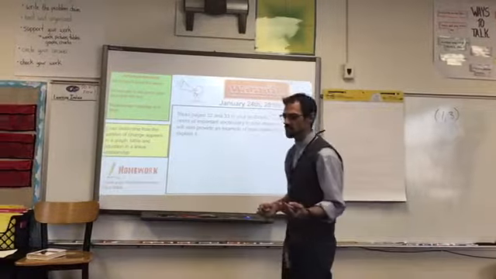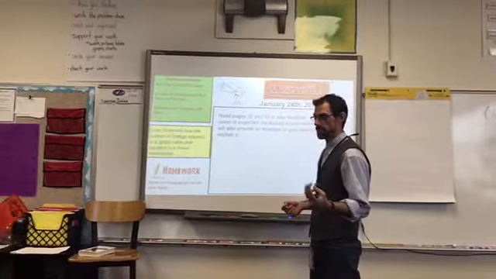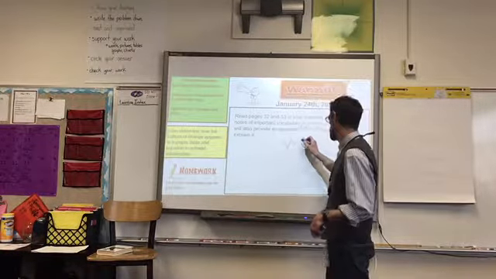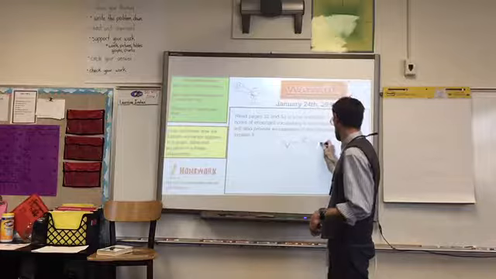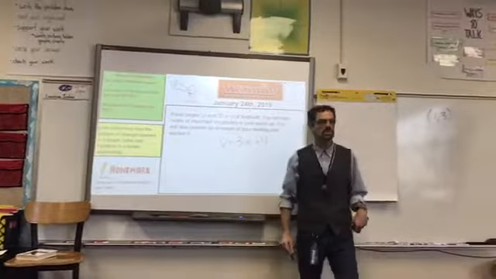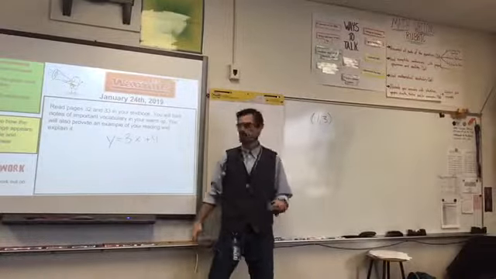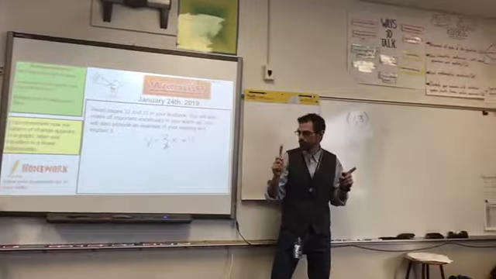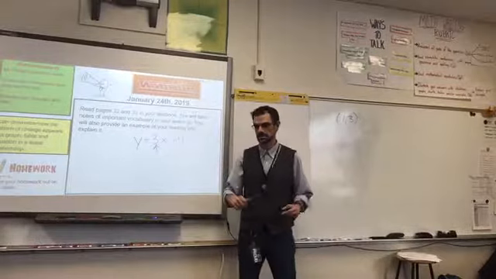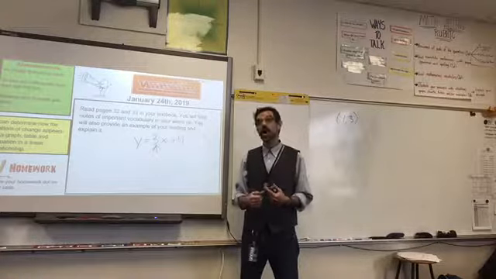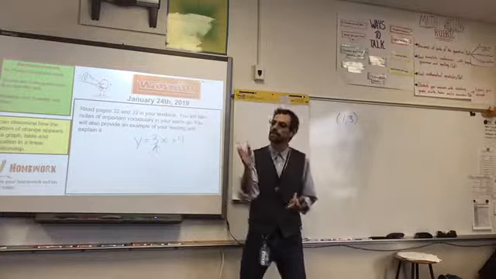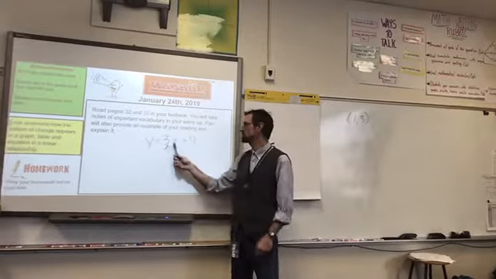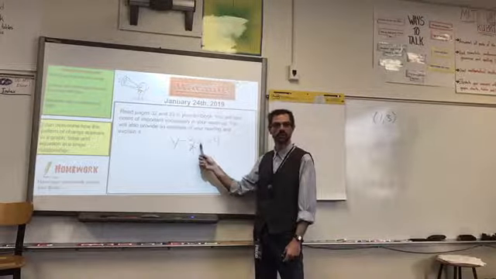So, in some of our equations, we would have things like, what's the rate? 3. 3 is the rate. 3 is also the coefficient of x. They are kind of the same thing. If you think about it, it makes sense. Because what am I going to do to x? I'm going to multiply it by 3.